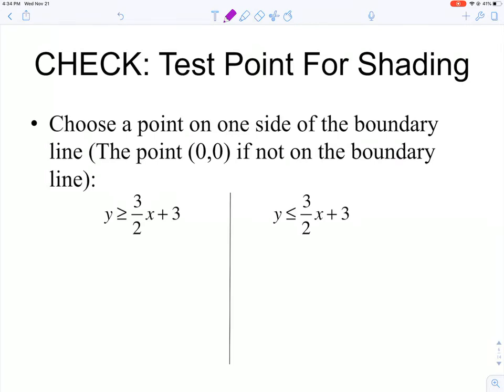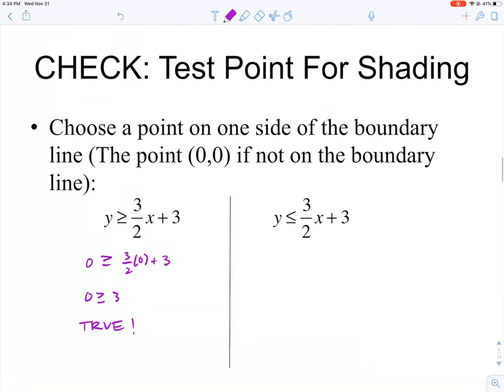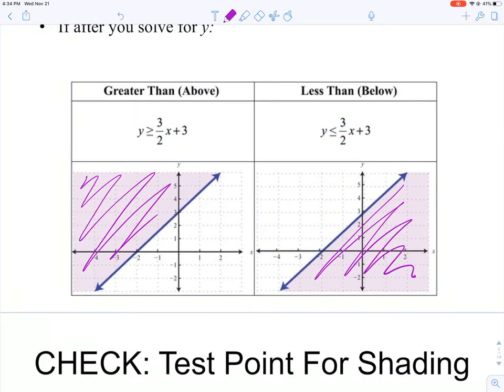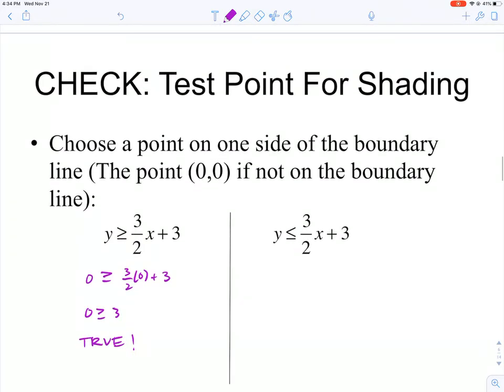So in this case, if we substitute the origin, (0, 0), we get 0 is greater than or equal to 3. That's true. So that tells me that for this first inequality we would shade above the boundary line, which is where, oh no, that's false.